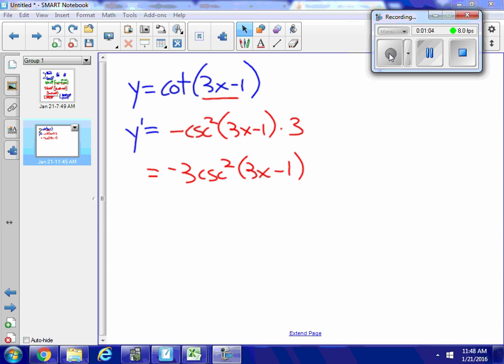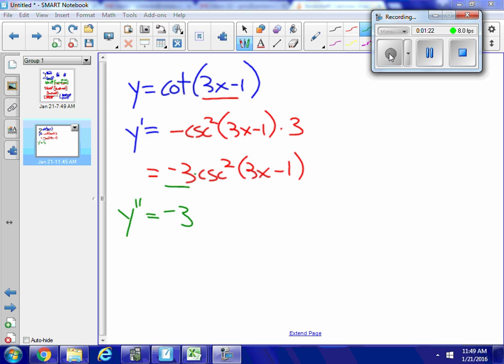Well, now I need to find the second derivative. So I want to find y double prime. So I'm going to start out by, since I have a product here, and I have a constant in the beginning, I'm just going to move that negative 3 through the derivative.